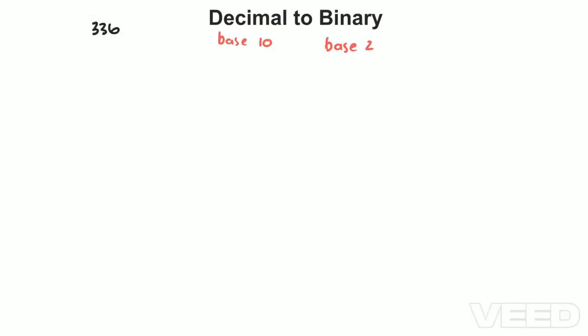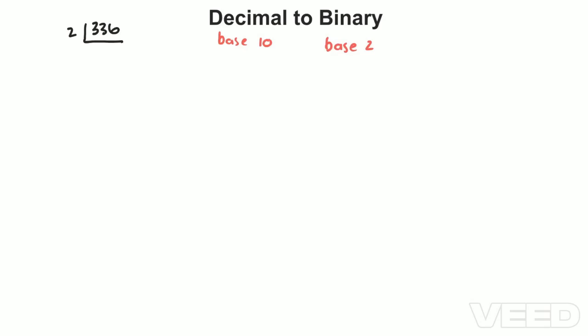So to convert it to base 2, I'm going to divide 336 by 2. And what I'm really interested in is the remainder. The remainder is going to tell me the binary number.